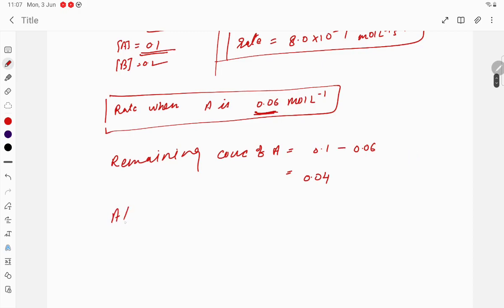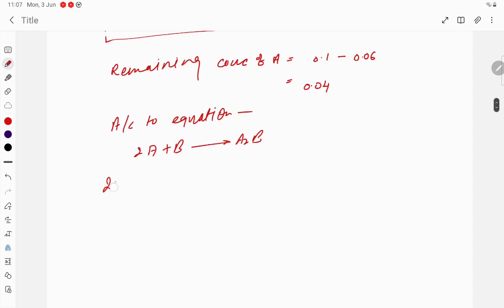According to the equation, 2A + B giving A2B. So 2 moles of A react with how much, student? React with 1 mole of B. Right.